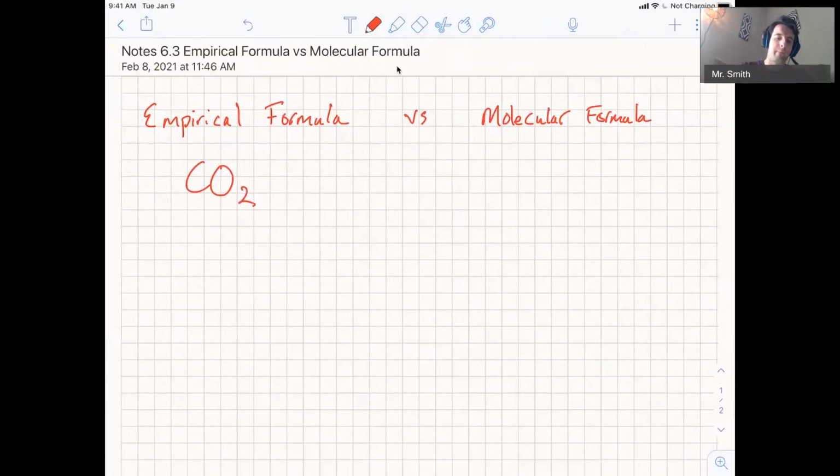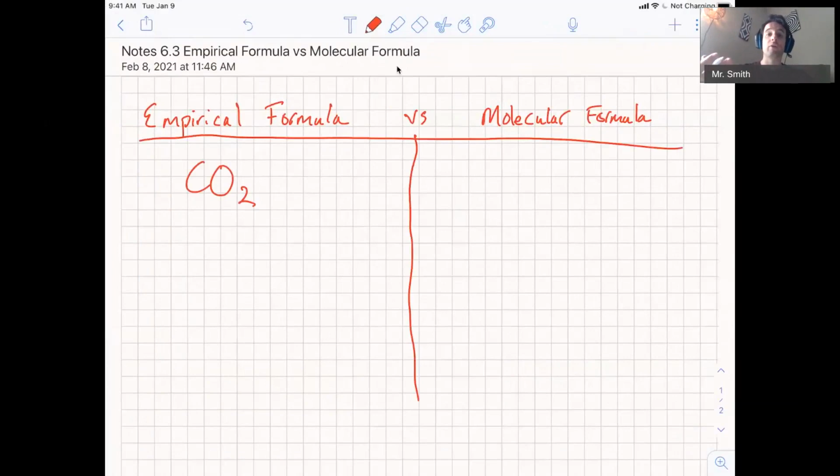Okay, I'll just make this into a little T-chart here. Now, a molecular formula, the first thing you need to know is that there's a bunch of different possible molecular formulas. One example would be something like C2O4. Another example would be C4O8.